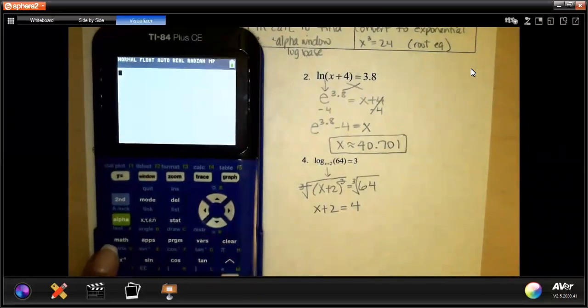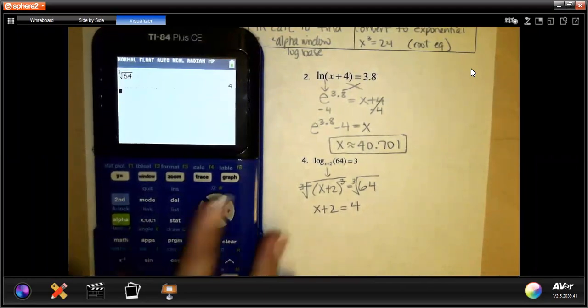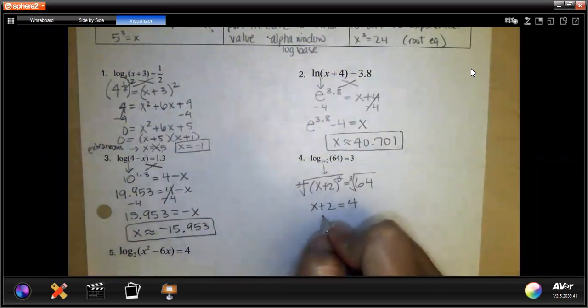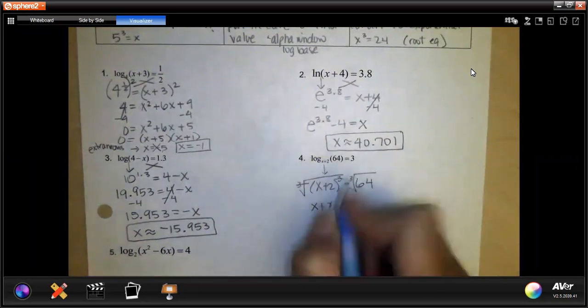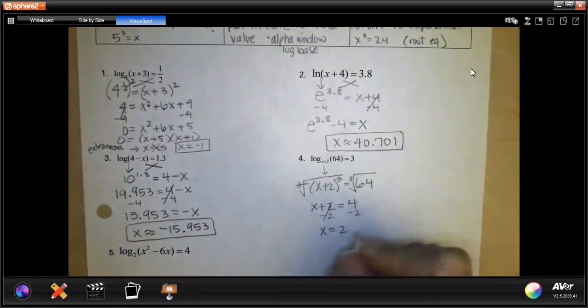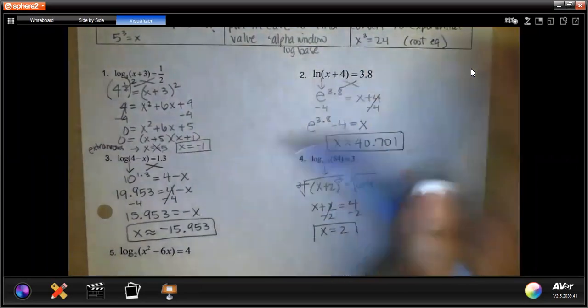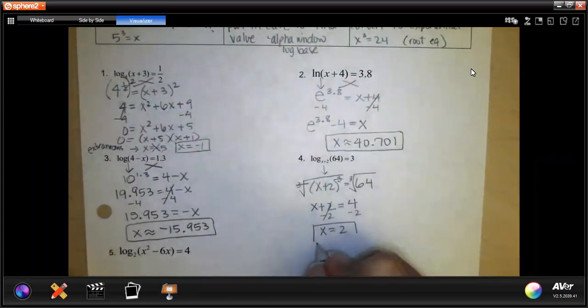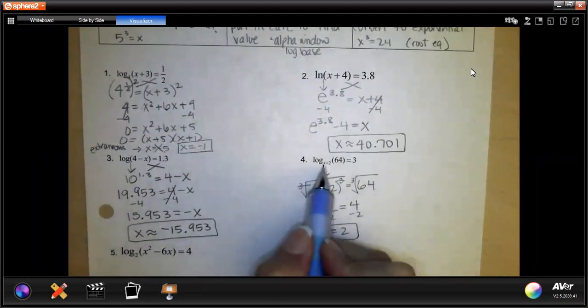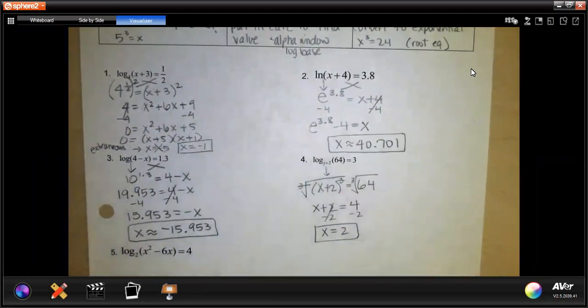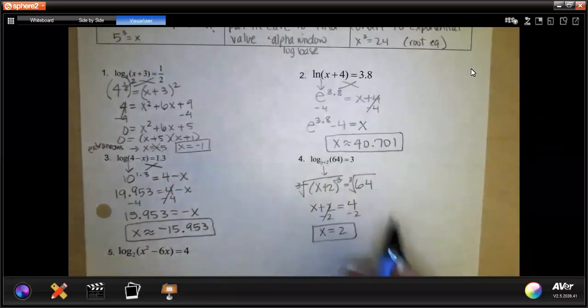Your math button right here will take you to the cube root of 64. Our last step is to subtract 2. X is equal to 2. Of course, I check it to make sure that it works. When I plug in 2 there, that will give me a base of 4, which is something that works.